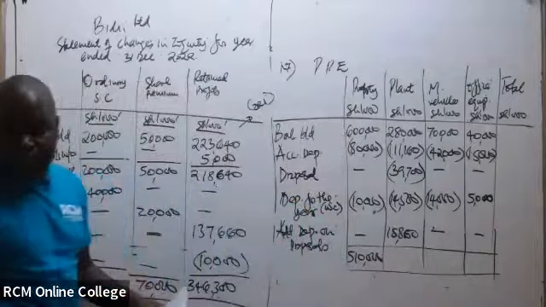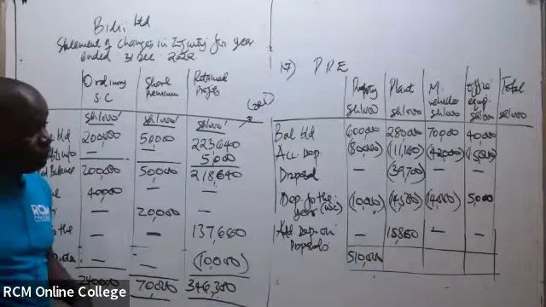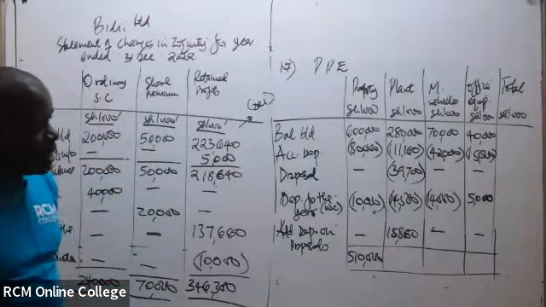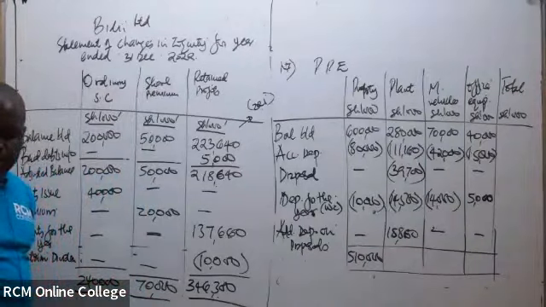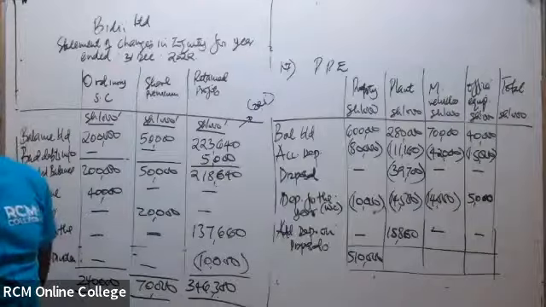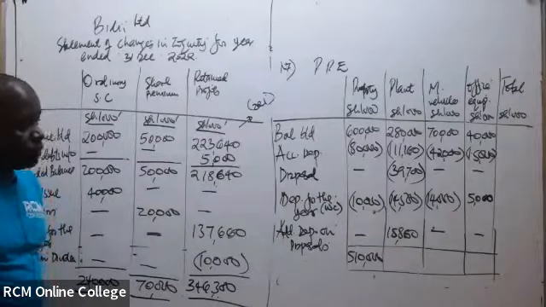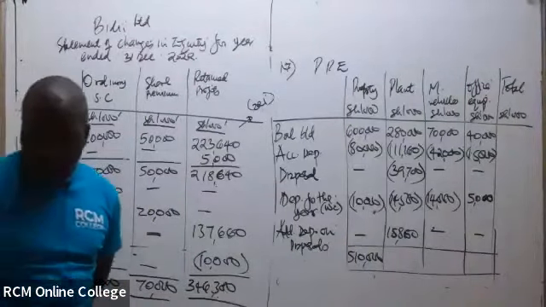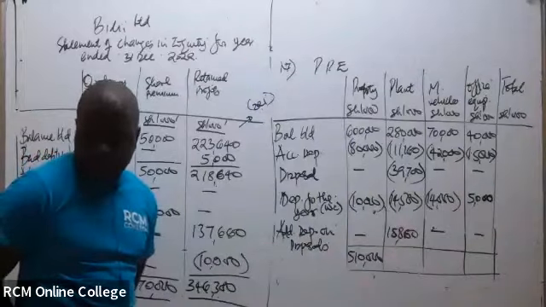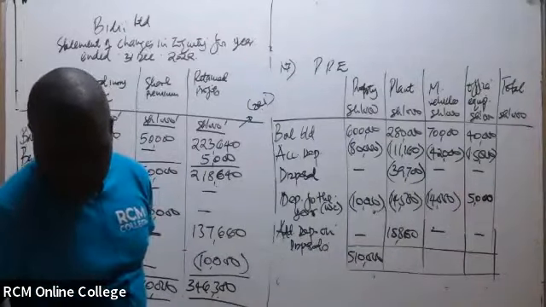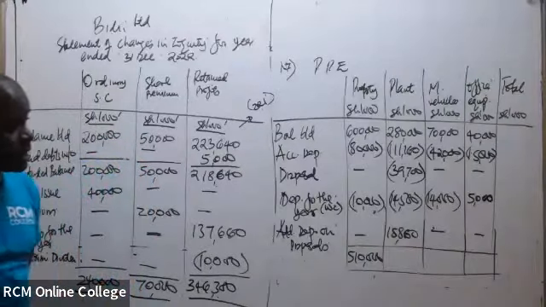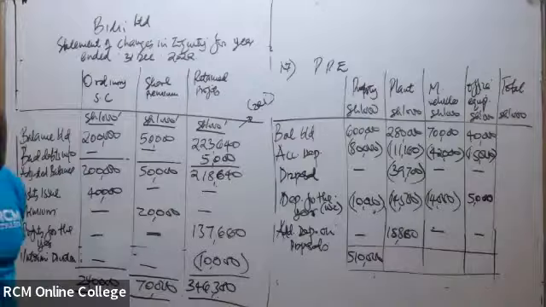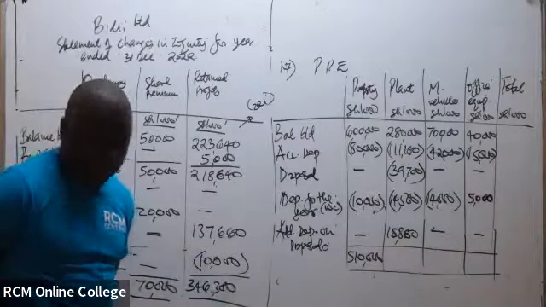What about here, under plant? How much are you having to get? Try to do the computation under plant and tell me the figure. 98,780.